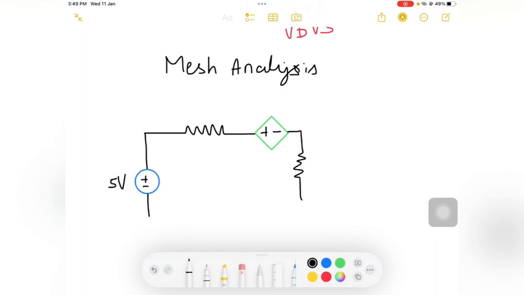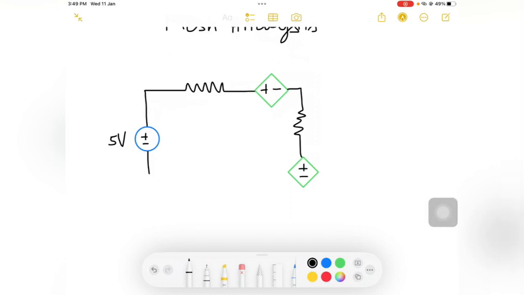And one more resistor connected to one more dependent source. Once again the polarity is plus and minus. And this circuit will continue for the second loop.